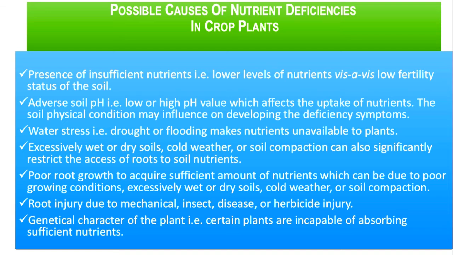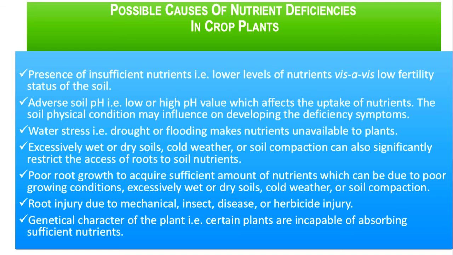Water stress, that is drought or flooding, makes nutrients unavailable to plants. Excessively wet or dry soil, cold weather, or soil compaction can also significantly restrict the access of roots to soil nutrients. Poor root growth to acquire a sufficient amount of nutrients can be due to poor growing conditions.